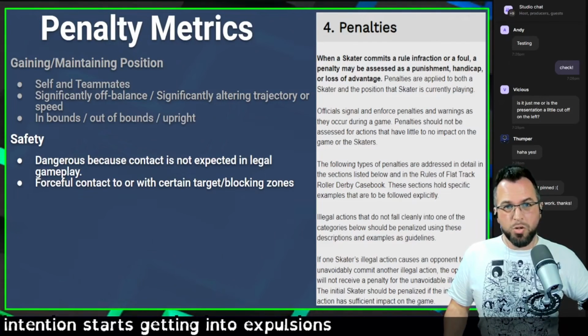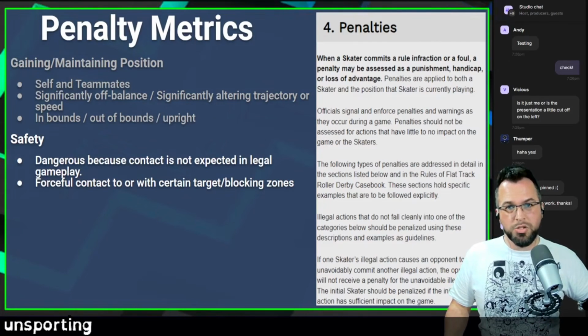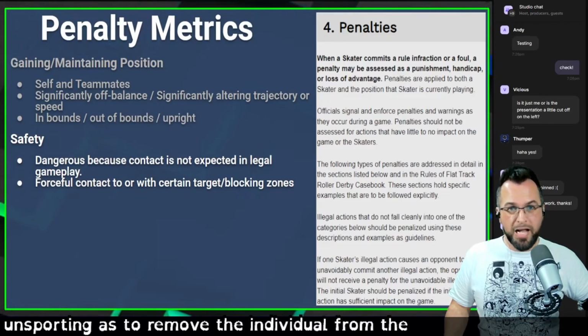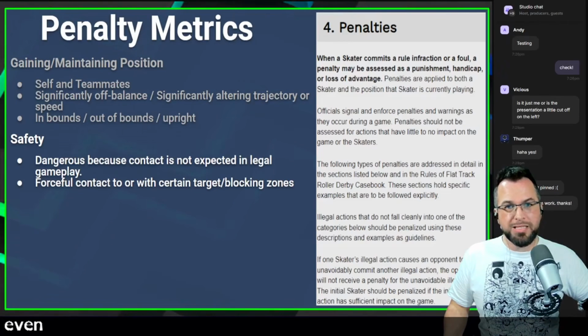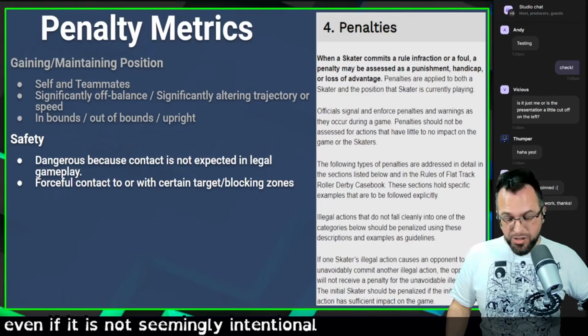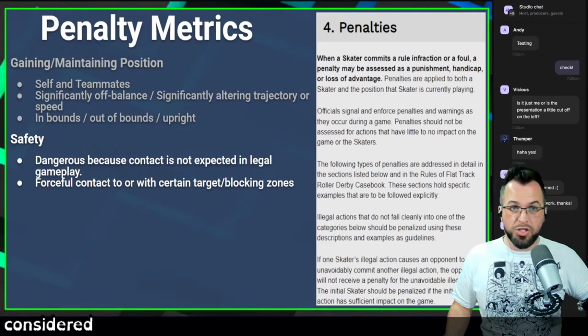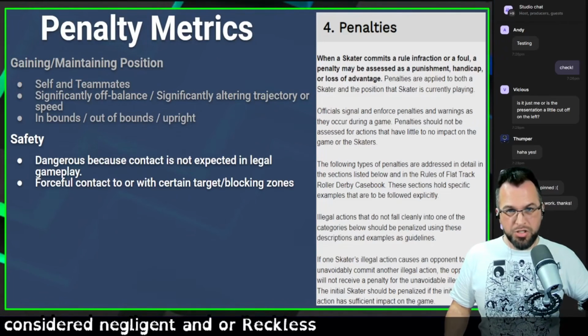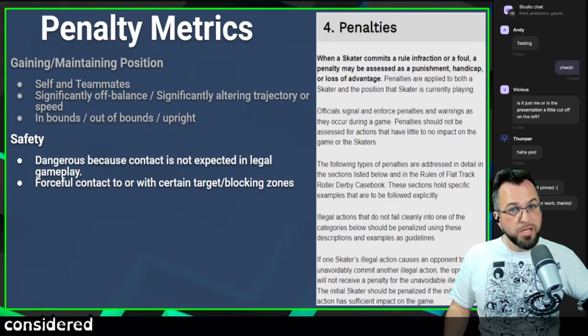Sufficiently dangerous or unsporting as to remove the individual from the game for that action alone. Even if it is not seemingly intentional, it can be considered negligent and or reckless, and those actions should be considered for expulsion independent of their impact.